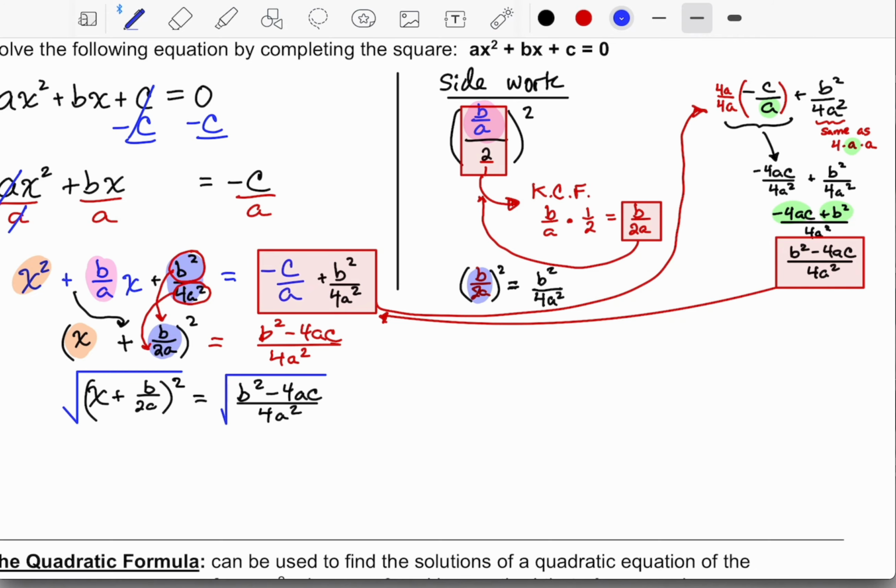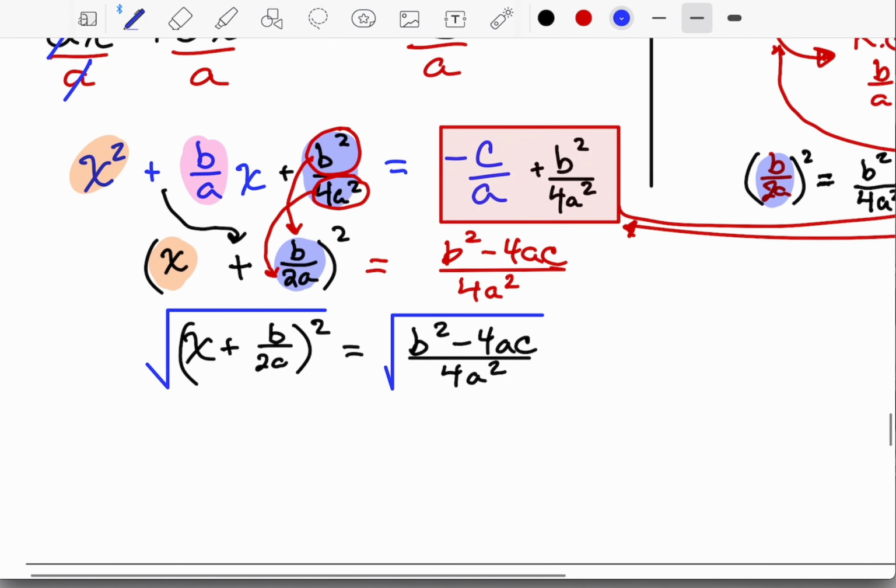Whatever. But the idea is you do it on one side because you need to do it on the one side. You do it on the other side because you did it on that first side, right, to keep it equitable. All right, but once you do that, the power of 2 goes away. x plus b over 2a, because the radical and the power of 2 cancel.